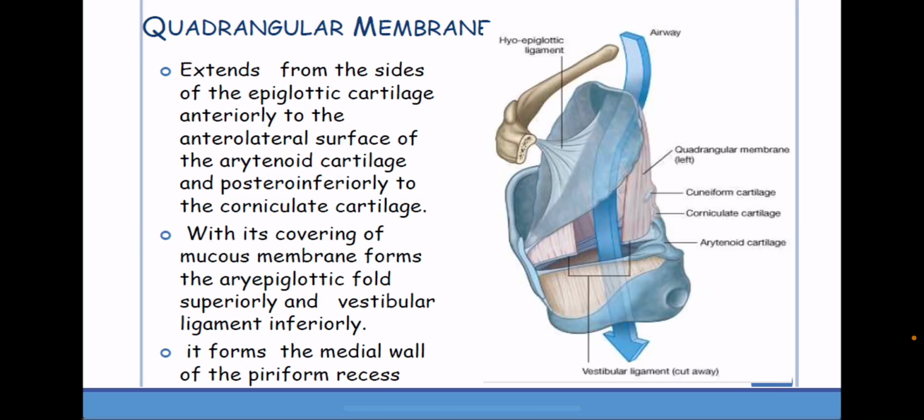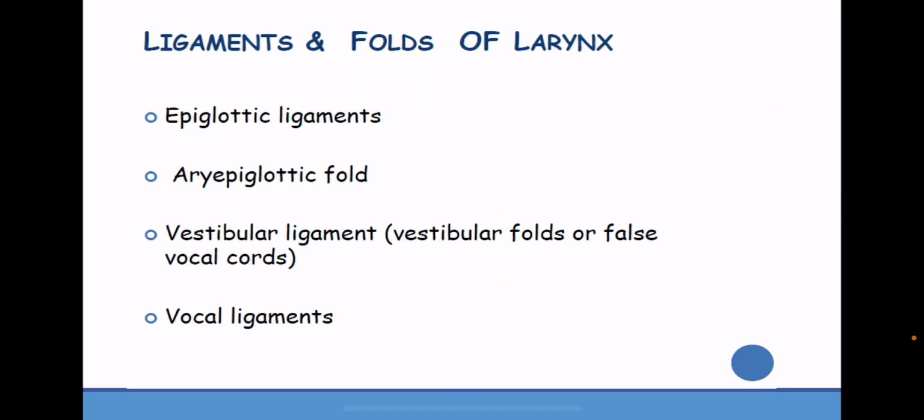The quadrangular membrane extends from the side of the epiglottic cartilage anteriorly to the anterolateral surface of the arytenoid cartilage and posteroinferiorly to the corniculate cartilage, with its covering of mucous membrane forming the aryepiglottic fold superiorly and vestibular ligament inferiorly. It forms the medial wall of the piriform recess.